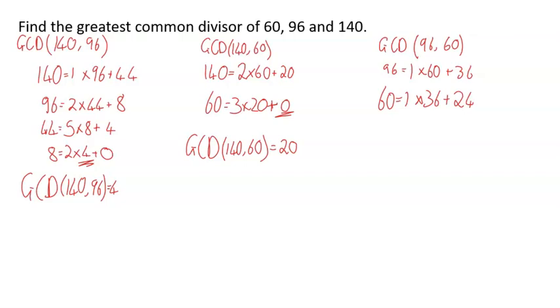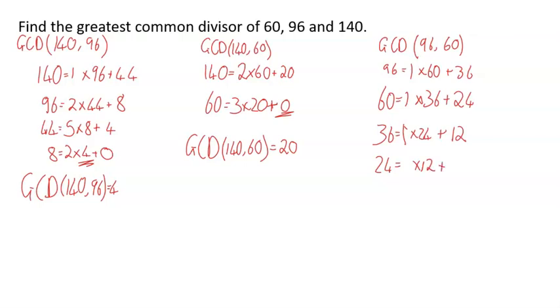Still a remainder, we still do another step. This time though it's 36 equals something times 24 plus my remainder. Well, 36 is equal to 1 of the 24s plus a remainder of 12. Still a remainder, still continue. Remember, we continue until that remainder is equal to 0, if we don't find the right answer.